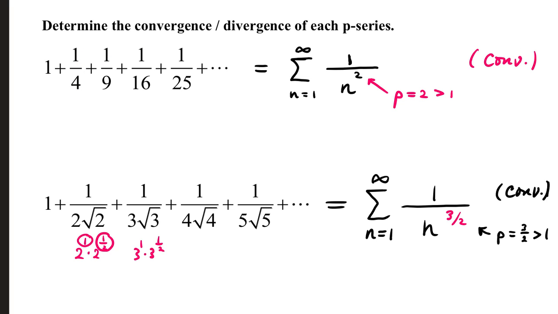These are all perfect squares. This is understood to be over 1, so that's 1 squared, 2 squared, 3 squared, and so on. Progressively larger counting numbers, all squared. Our p-value is that power. That power is greater than 1, so this series converges.